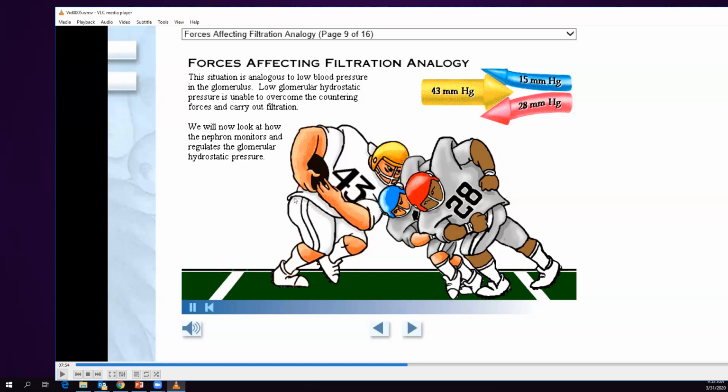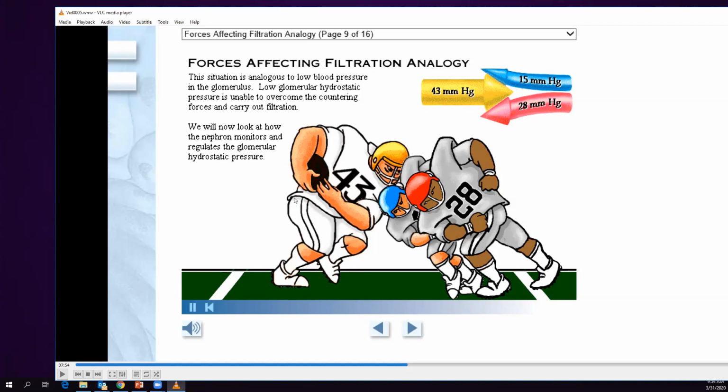Okay, so now what? Here is this idea. It says, we will look now at how the nephron monitors and regulates glomerular hydrostatic pressure, because that's what we want to do. We want to make sure that our hydrostatic pressure isn't too high, because then we filter too much and we don't have the opportunity to reabsorb material, or we don't filter enough and then toxins and stuff can build up in our body, and that doesn't get filtered.